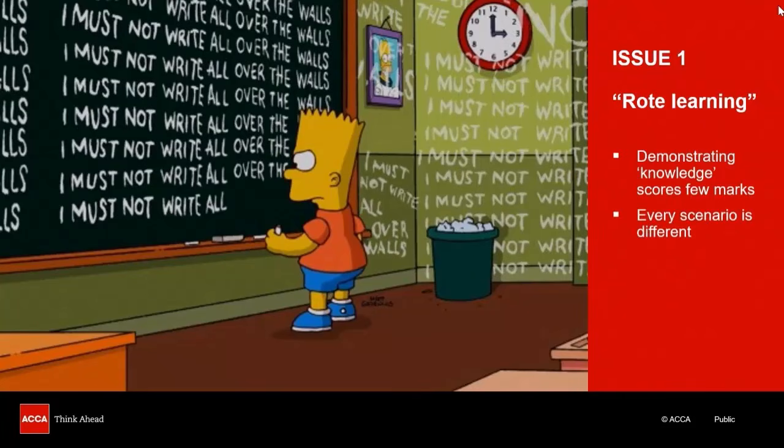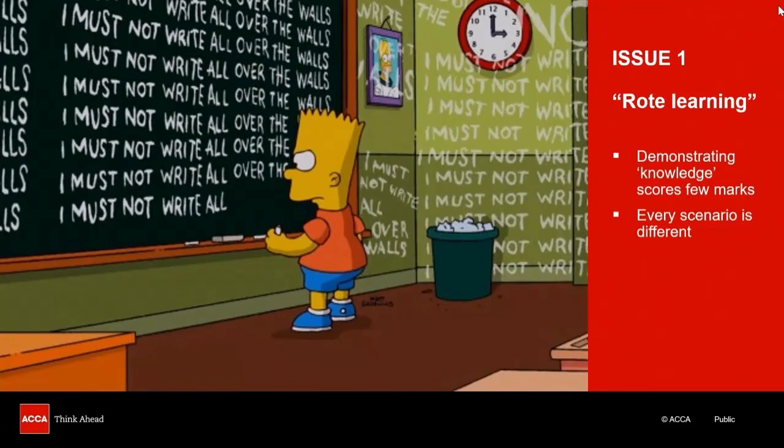And if you have memorized some previous exam answers and you write those answers that you've memorized from a previous exam question that looked a bit similar, well, it won't score because every scenario has hugely different risks in it. Okay, and subtle differences.